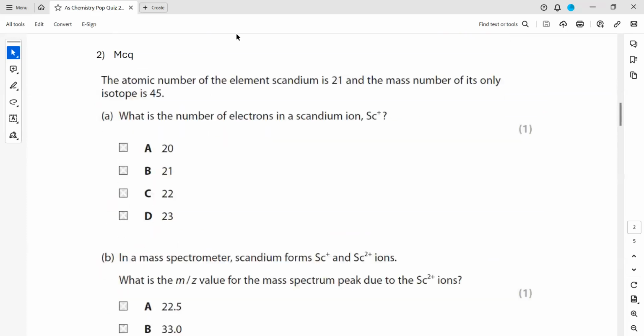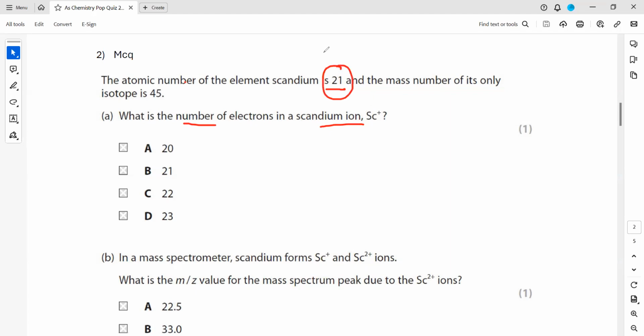In question 2, the atomic number of the element scandium is 21 and the mass number of its only isotope is 45. What is the number of electrons in scandium plus? So this is the atomic number.